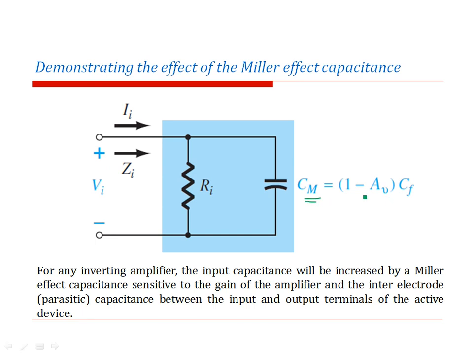What is CM? 1 minus AV into CF. So this is the effect of Miller capacitance. For any inverting amplifier, the input capacitance will be increased by a Miller effect capacitance sensitive to the gain of the amplifier and inter-electrode capacitance between the input and output terminals of the active device. Okay, so you are representing this with CM.